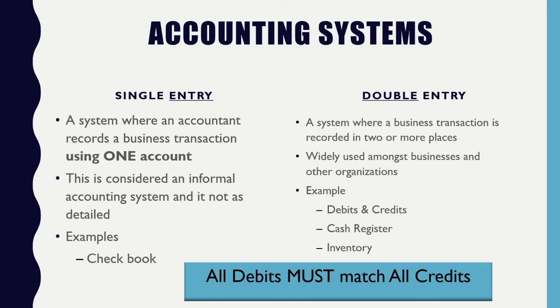Whereas in accounting, the best way to teach you accounting is to use a double entry system, where we know where our money's going. If we're using cash, if we write a check in our book, that's one way of saying, okay, I'm taking money out.